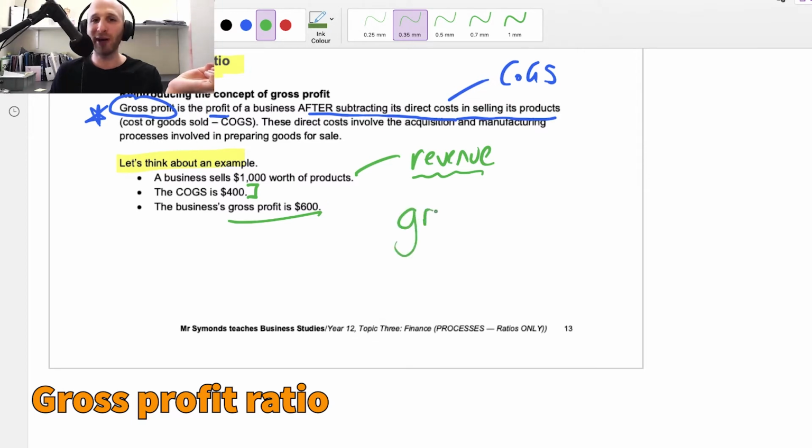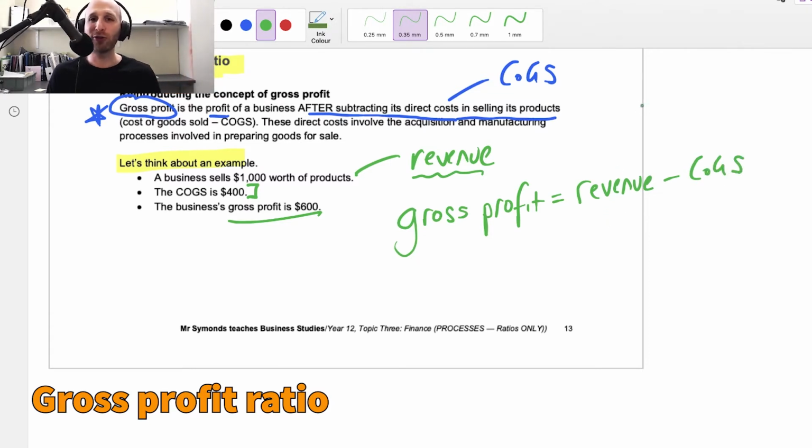So then what is the formula here? It's revenue minus COGS. We are taking away those direct costs of selling the product.